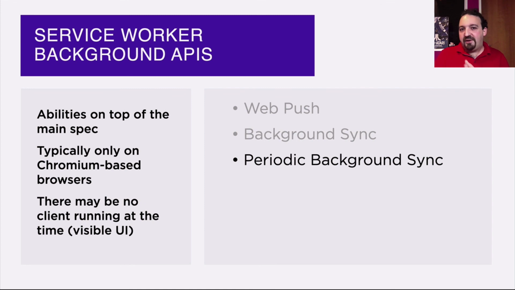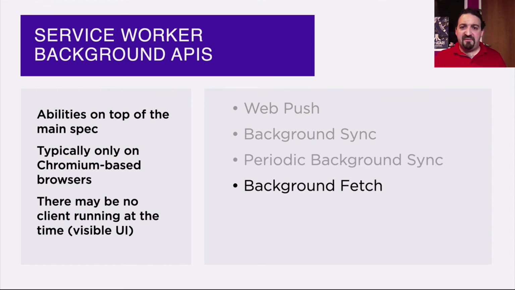There are some restrictions on when the browser will grant you permission for periodic background sync, but this is one way you have. And finally, background fetch will let you download big files when the user is not actually using your web app. So these are the ways that we have today to bypass these limitations when we are in the background.